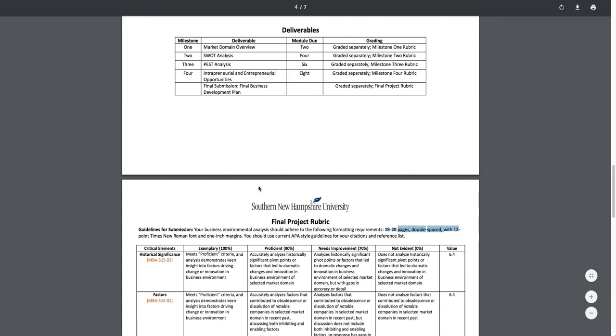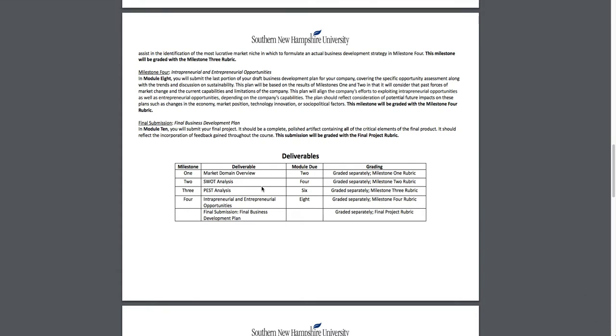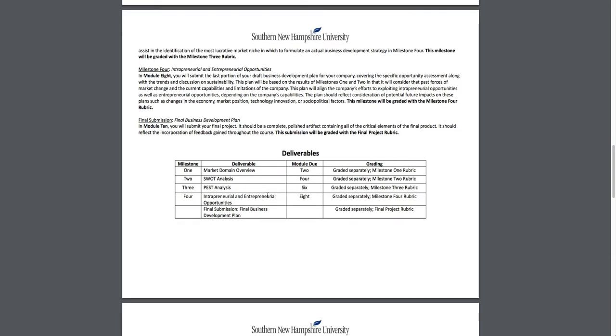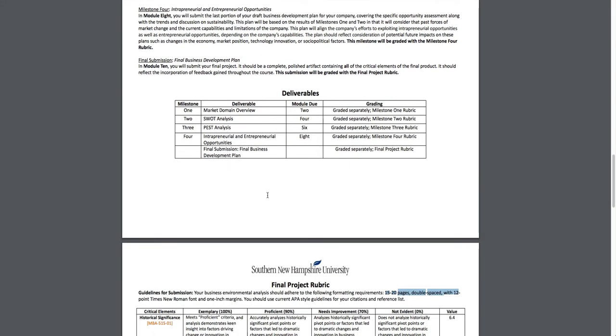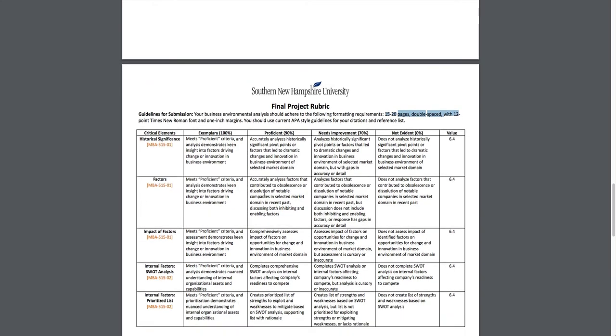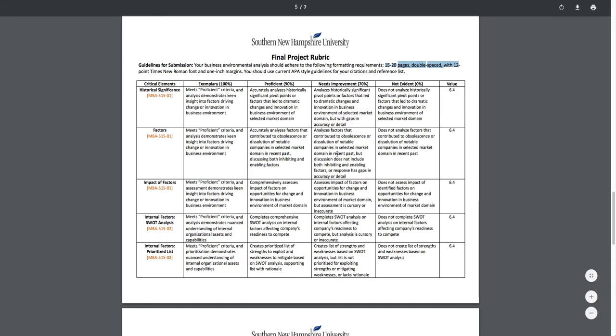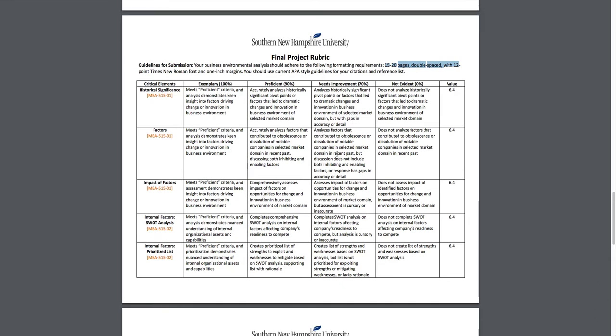The reason I answered the question with a question is that I wanted to make sure that all students actually go to the rubric when it's time to complete this assignment. So let's go through the rubric a little bit.